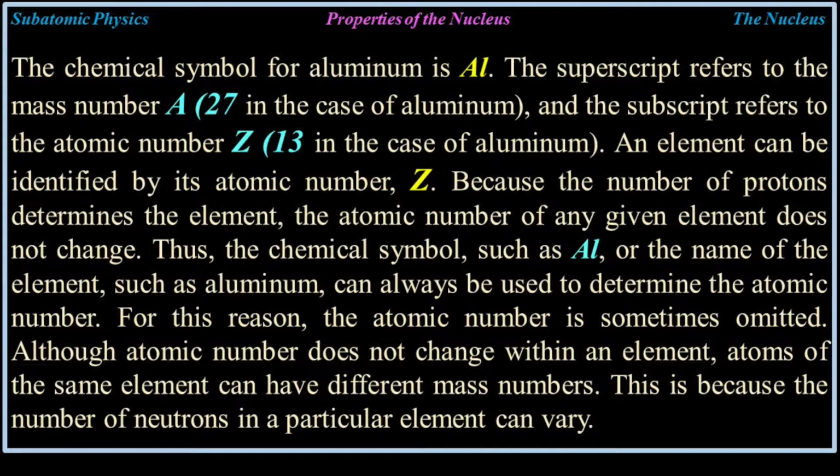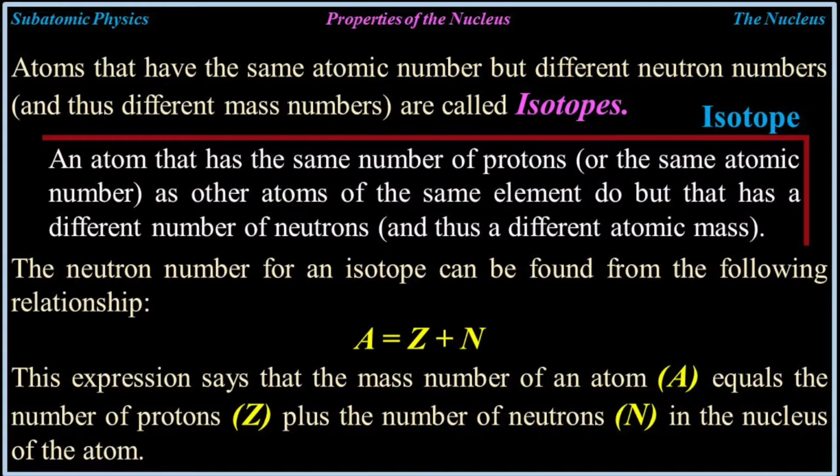Although atomic number does not change within an element, atoms of the same element can have different mass numbers. This is because the number of neutrons in a particular element can vary. Atoms that have the same atomic number but different neutron numbers, and thus different mass numbers, are called isotopes.